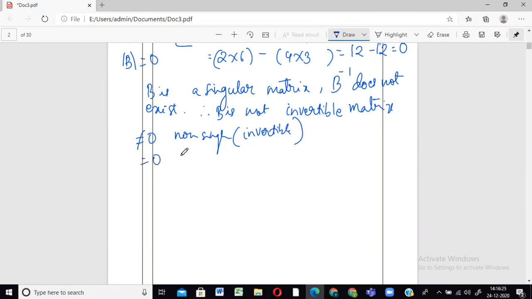And if it's equal to 0, then it's singular, and then it's the opposite, not invertible. People always get confused, so you can just remember it like this. Even if you remember one, the other you can remember easily, right?